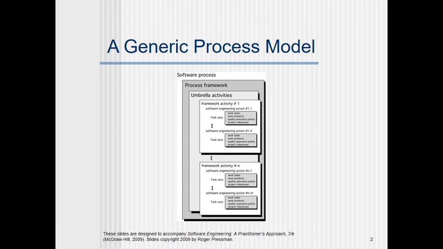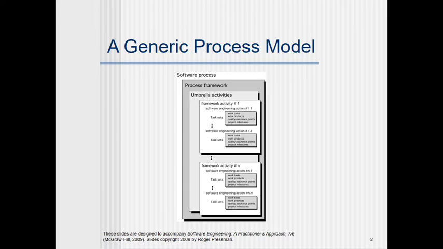And in each activity there is action 1, action 2, action 3, and action k, and there are various task sets. These task sets may be a work task, work product, quality assurance points, or a project milestone, etc. So this is a generic framework of process models.